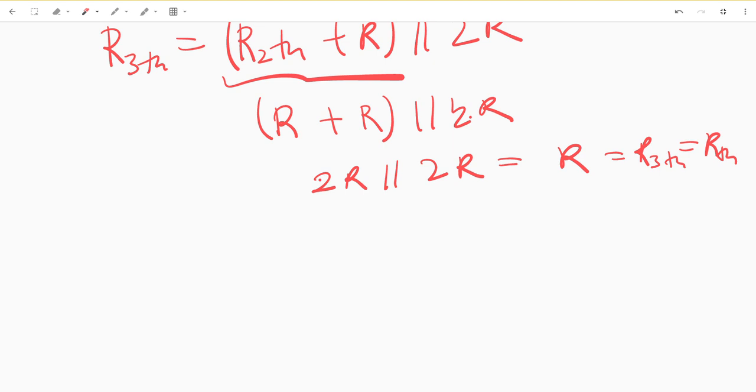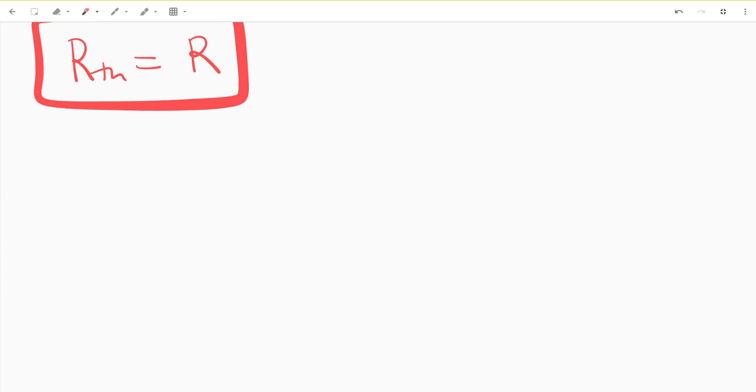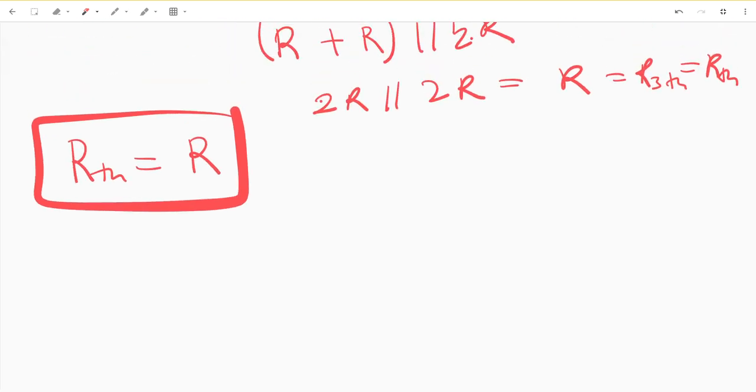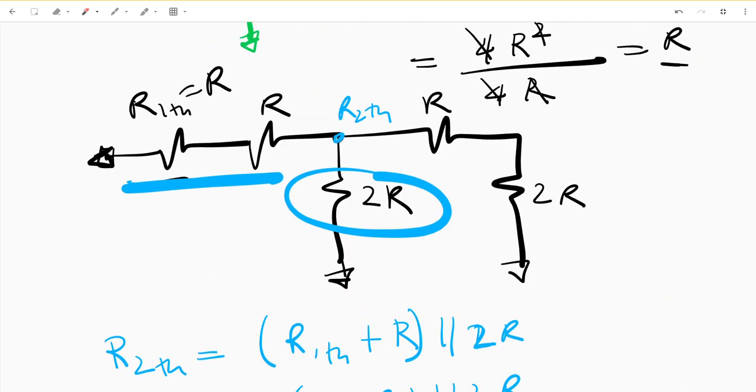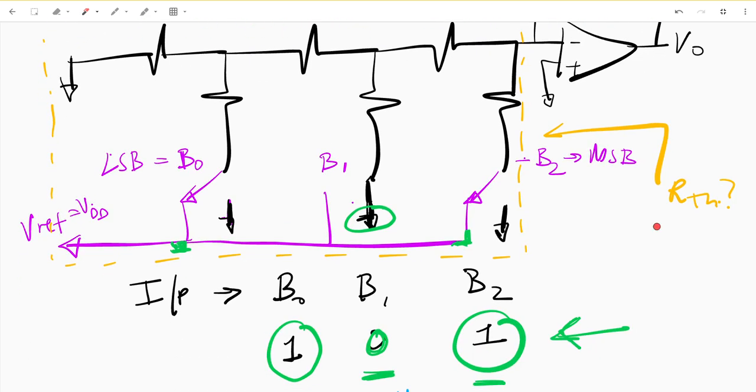So now we understand that our R Thevenin is equal to R. And this, by the way, is also equal to R out from our original circuit, which was located right here. This RTH is located here, which is equal to R out.